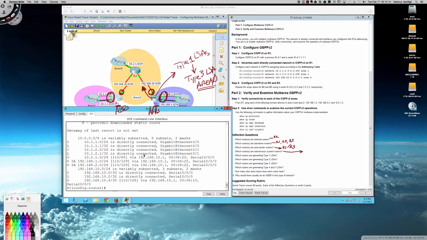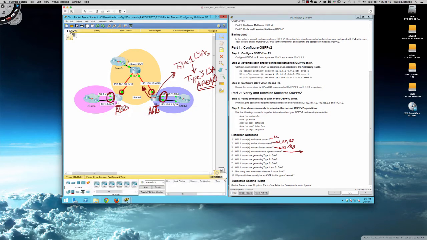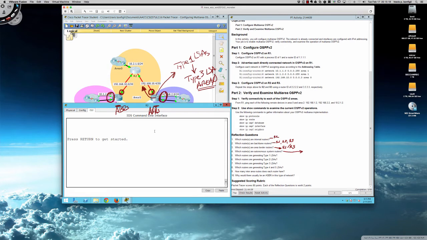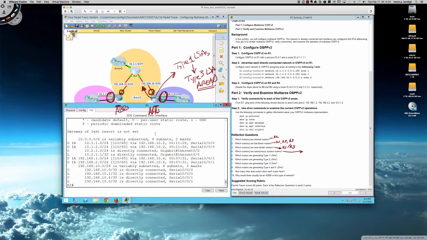And so to see that, let's pull up router 2. On router 2, if I were to go from user exec into privilege exec and type show IP route, you can see that router 2 is also learning about those two routes. And router 2 also sees both of those routes as OSPF inter-area routes.